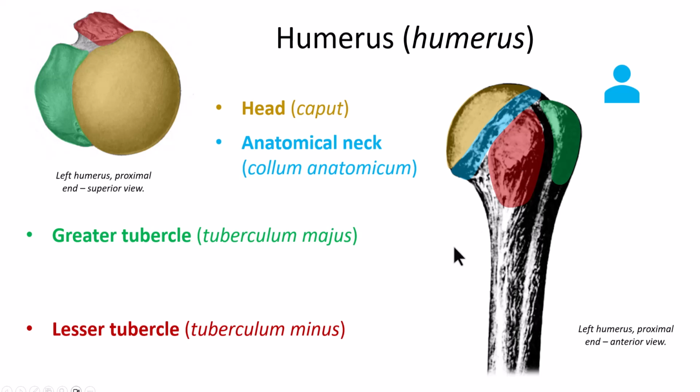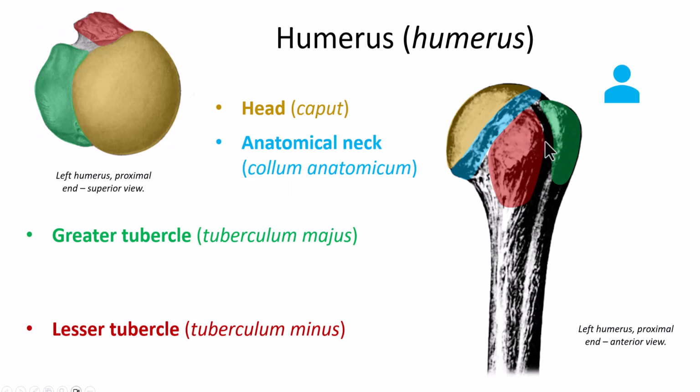Perhaps looking at the anterior view, it's hard to distinguish their size, but in the superior view, I think you will have no doubt which is the greater tubercle. These are also structures whose presence helps us distinguish the anterior from the posterior surface, because on the posterior side, only the greater tubercle will be visible.